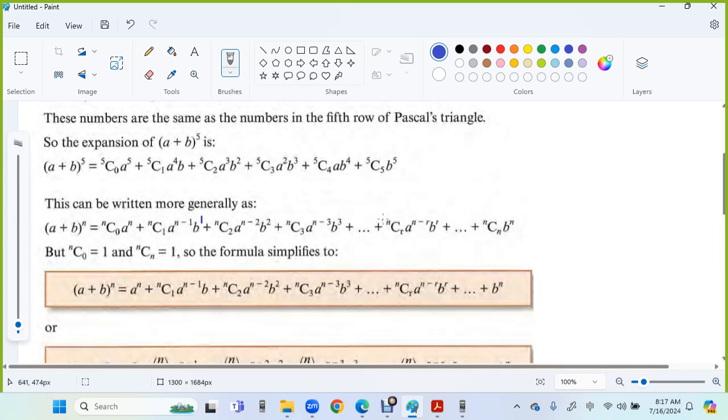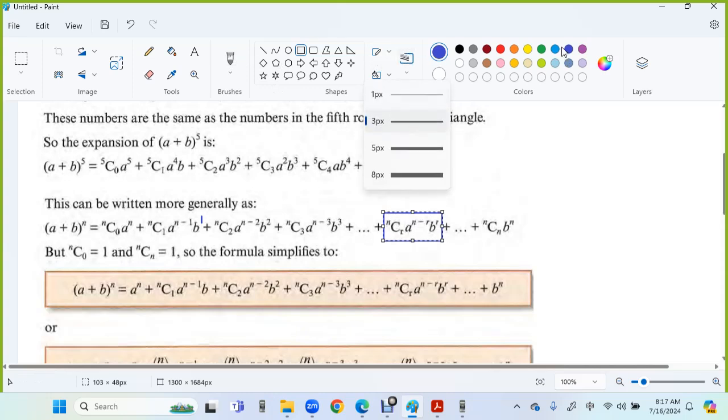So in general, it is nCr a to the power n minus r b to the power r.